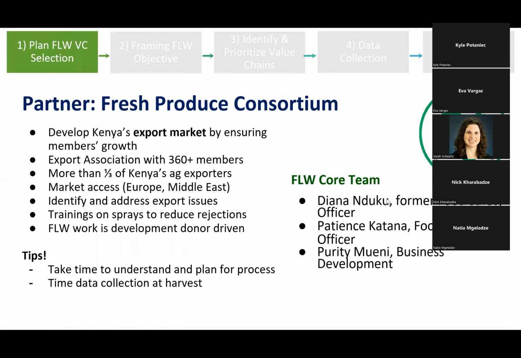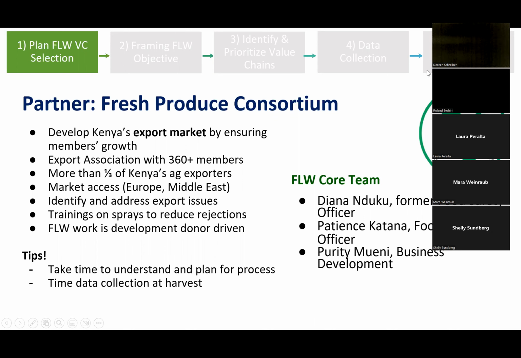They did a study in 2019, and they found out that one of the greatest reasons for Kenyan products getting rejected was the use of a chemical spray that's banned in the European Union. So from there, they were able to get their members together and do trainings. And now they've greatly reduced that kind of impact, which is great because that's also already a built-in food loss waste aspect.